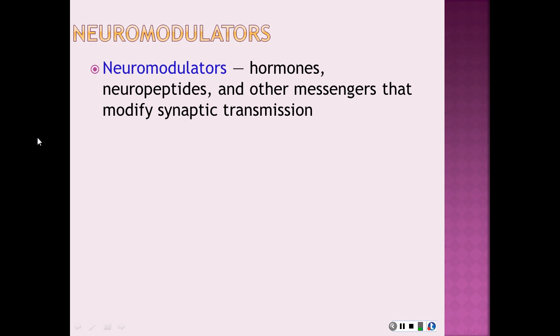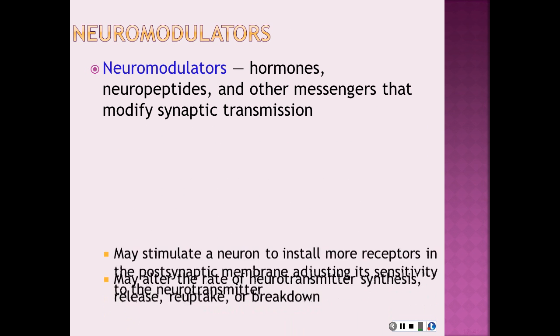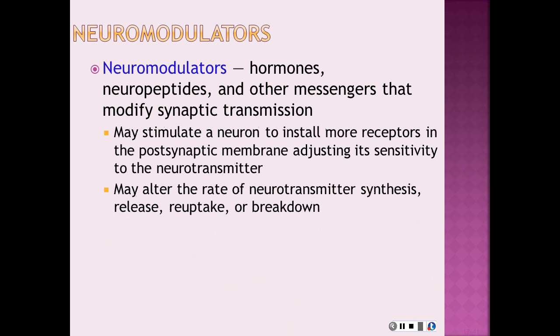Now we have neuromodulators. Neuromodulators are hormones, neuropeptides, and other messengers that modify synaptic transmission. They may stimulate a neuron to install more receptors in the postsynaptic membrane, adjusting its sensitivity to the neurotransmitter.